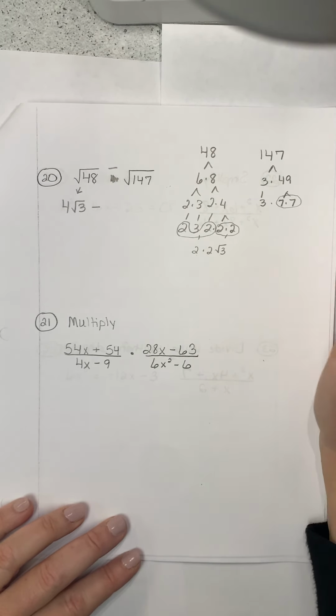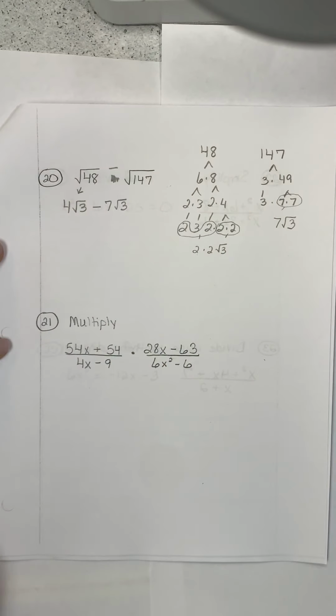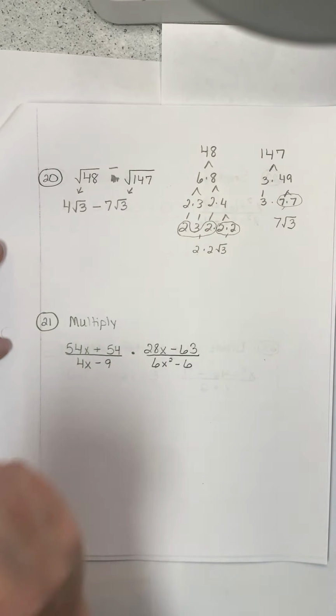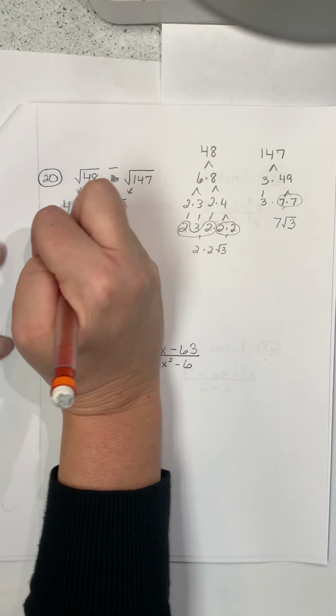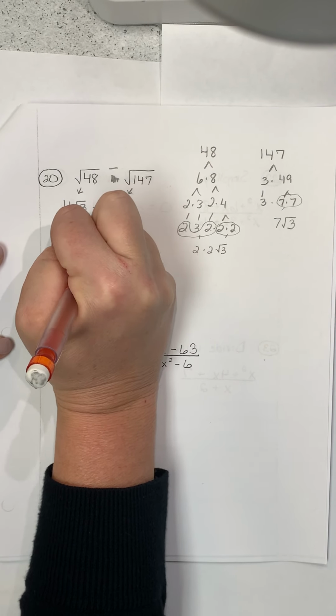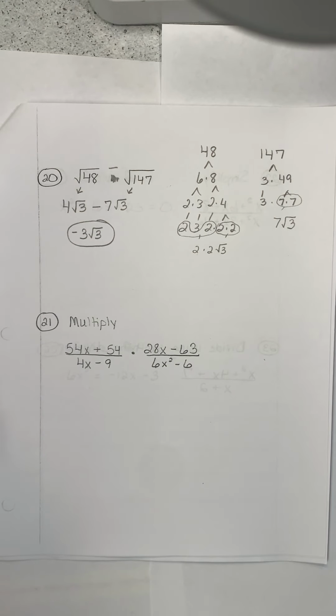Okay, here's a group of 2. If I pull out a 7, I'm left with a 3. Remember, leftovers go inside. Okay, I don't have a coefficient, so there we go. That's this one. Now I can subtract these because I have the same radicand. So 4 root of 3 minus 7 root of 3 is a negative 3 root of 3. And there's my answer. Okay.